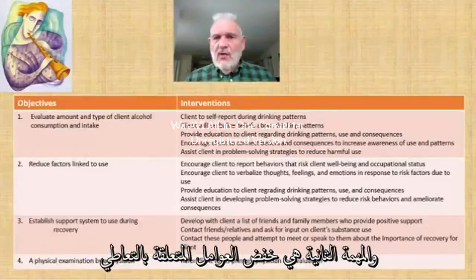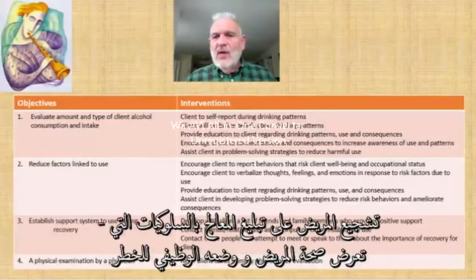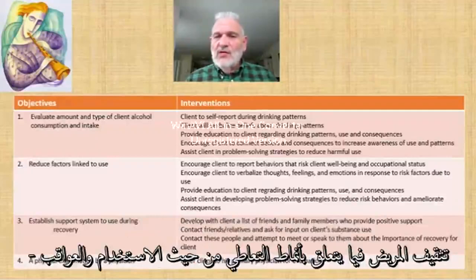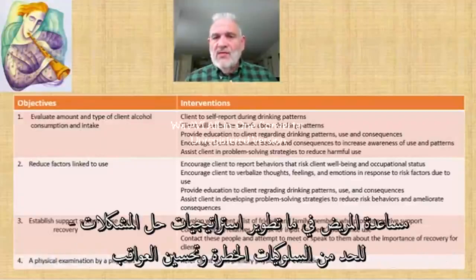So again, encourage the client to report behaviors that risk the client's well-being and occupational status, so if they're missing work. Encourage clients to verbalize thoughts, feelings, and emotions in response to risk factors due to the use of alcohol. Provide education to the client regarding drinking patterns, use, and consequences. Again, it's similar to one of the others because these overlap. Assist the client in developing problem-solving strategies to reduce risk behaviors and ameliorate consequences.